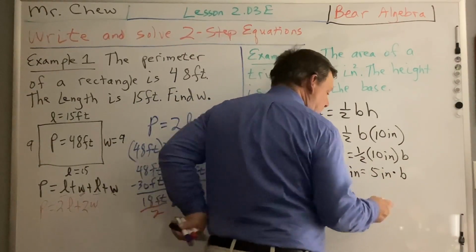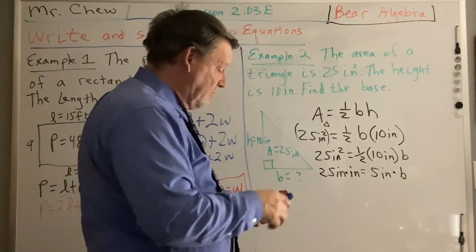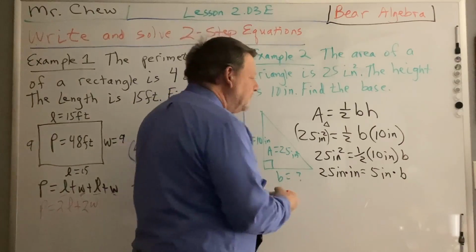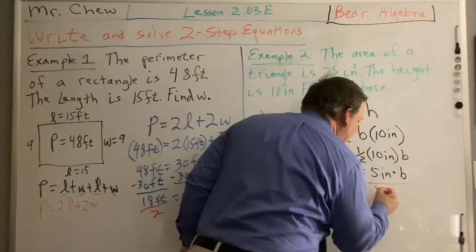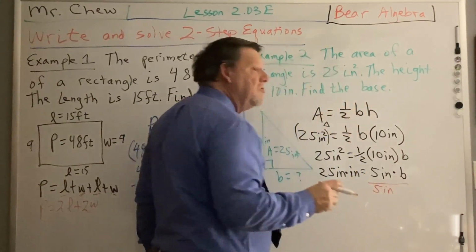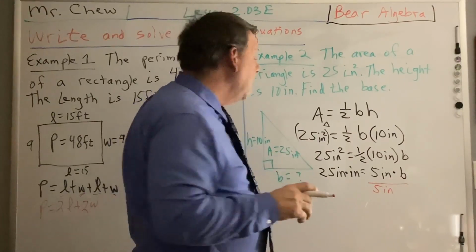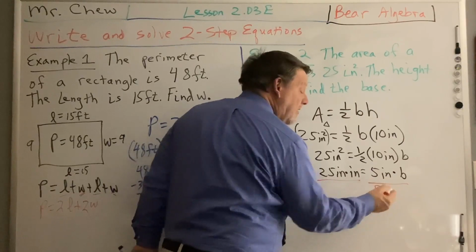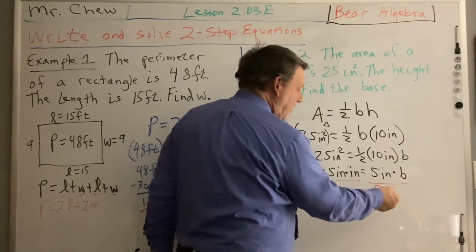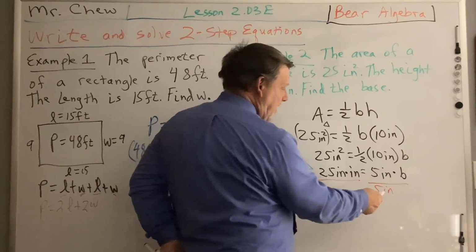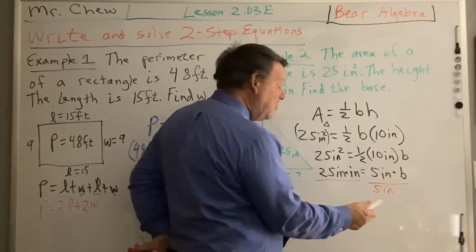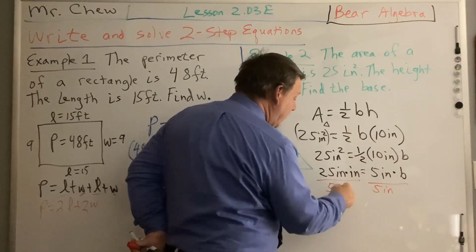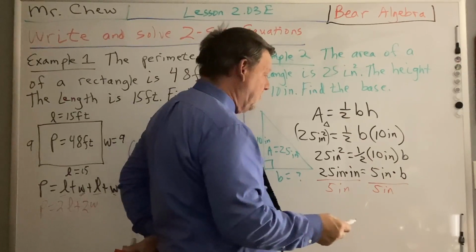So I'm going to, and I'll use a different color just so it stands out, divide this side by 5 inches using the division property of equality. And when you divide one side of an equation by a number, and it's inches, I've got to divide this side by 5 inches.